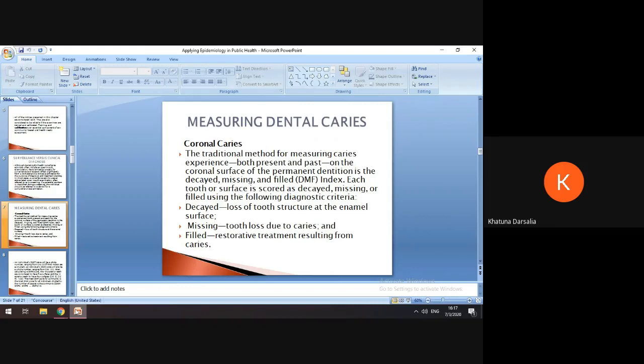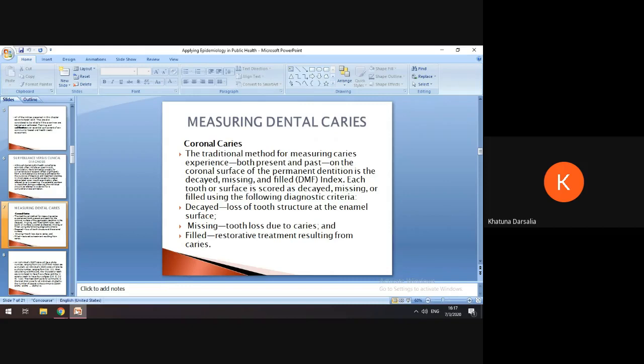How can we measure coronal caries? The traditional method for measuring caries experience, both present and past, on the coronal surface of the permanent dentition is the decayed, missing, and filled index, DMF.